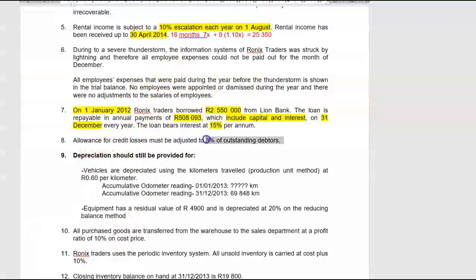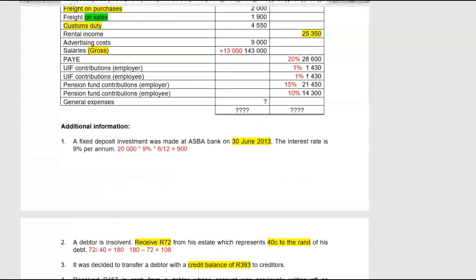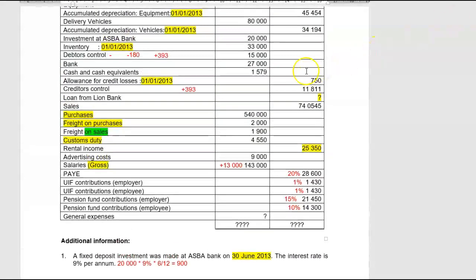Allowance for credit losses must be adjusted to 3% of outstanding debtors. Now, don't forget that we've made certain adjustments against our debtors account. So if we want to work out our actual debtors balance, it would have been the 15,000 less the 180 plus the 393.